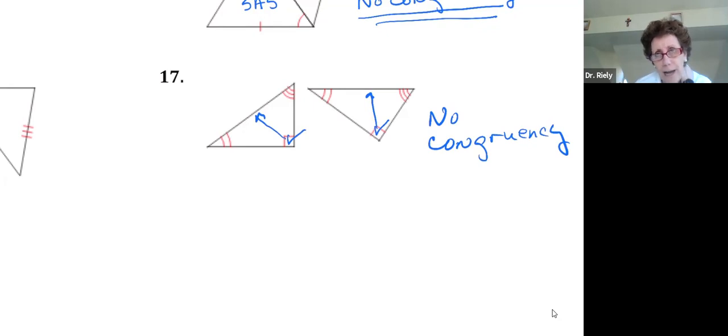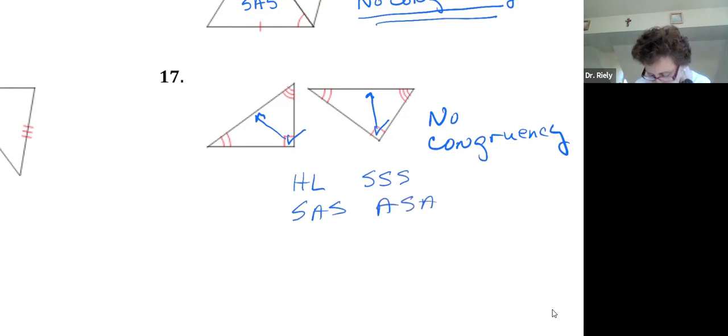So I can't do anything, because for all of these, HL, side-angle-side, side-side-side, angle-side-angle, and angle-angle-side, every single one requires that I have a side. This needs 2 sides, 2 sides, 3 sides, 1 side, 1 side. And I have no sides. So I can't use any of them.